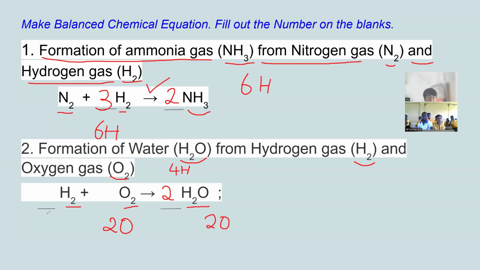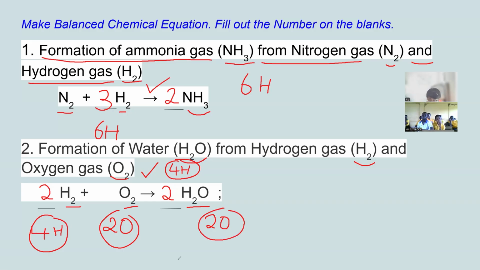So we also need 4H on the left. So we add coefficient, this number of 2. And now we have 4H on the left as well. And everything is balanced. You can see 4H on the left, 4H on the right, 2O on the left, and 2O on the right.